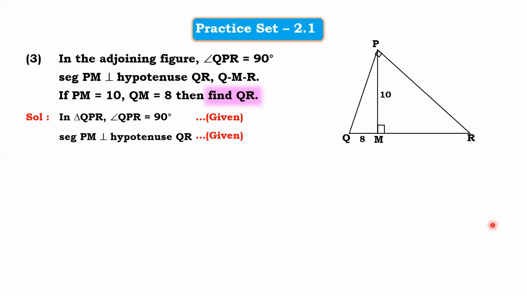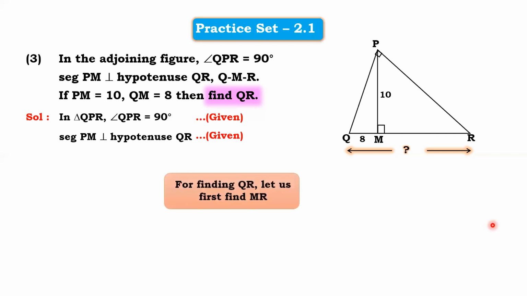Now here also it's very clear and obvious that we are not interested in triangles, but we are interested in the value of segments. So definitely we have to use the theorem of geometric mean, right? But students, to find out QR, we first need to find out MR. So we'll apply the theorem of geometric mean.